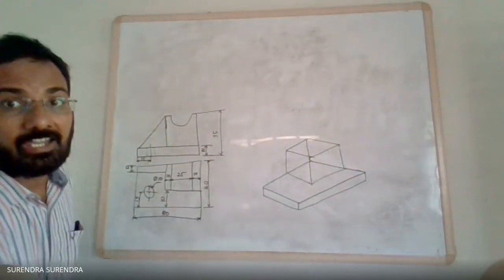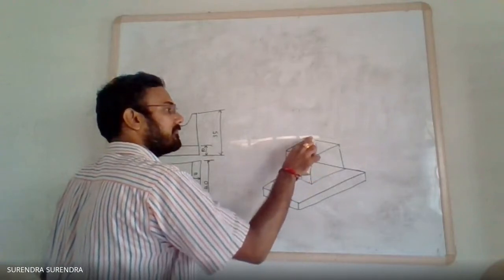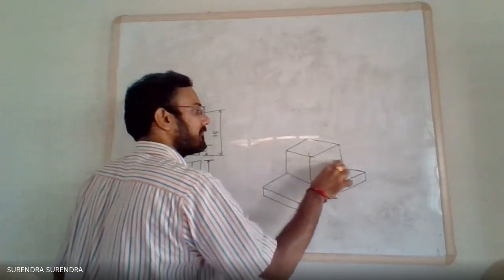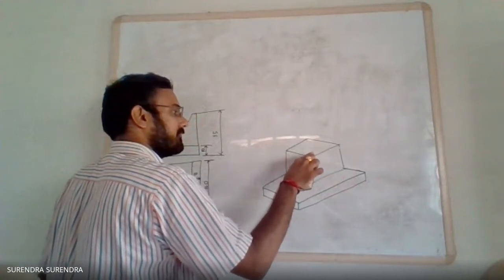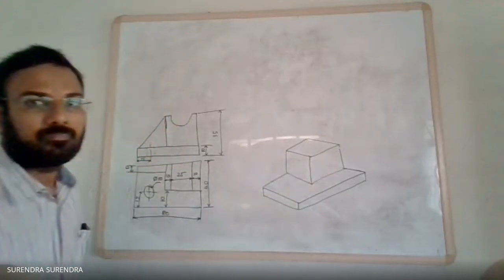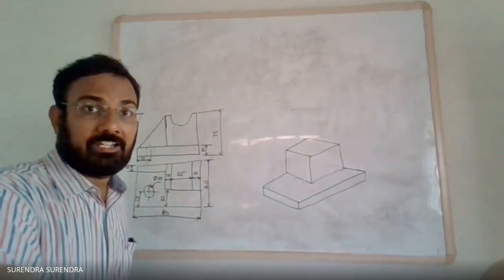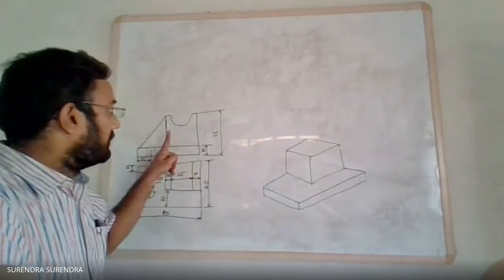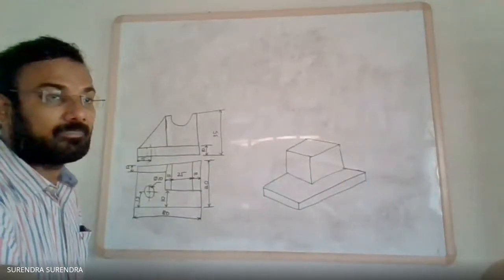And in this, erase the hidden edges. Just block draw చేసాం. Neglecting about the curved surface or ఈ groove లేకుండా డ్రా చేసాం. Now groove ని లాస్ట్ లో కంప్లీట్ చేద్దాం.